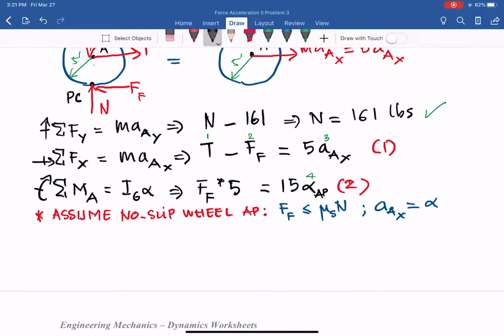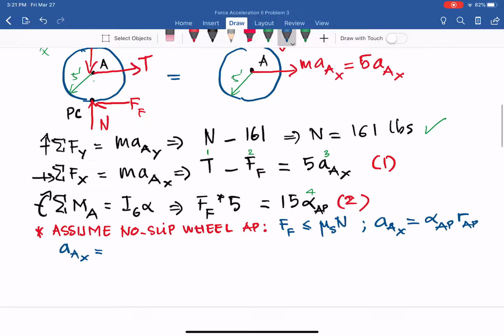So in here we have a_x equal to alpha_AP times the radius of AP. So what does that mean? I have a_x, the acceleration at the center, equal to radius 5, so 5 alpha_AP.